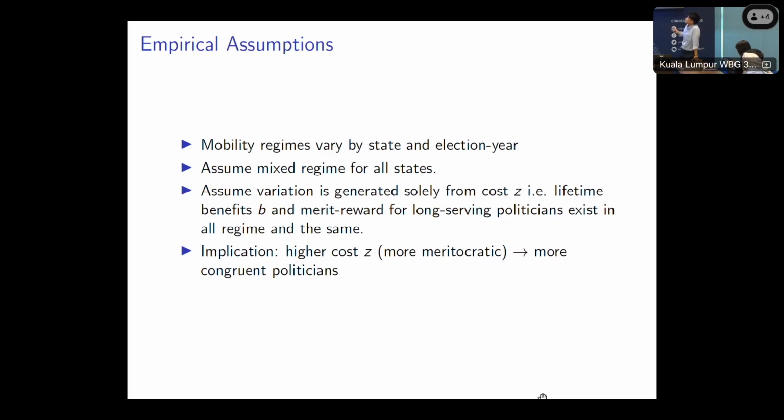We assume it's a mixed regime for all states. We assume the variation is generated solely from cost Z, and the lifetime benefit B and merit reward for long-serving politicians exist in all regimes and are the same. The implication is that if it's a higher cost, then it's more meritocratic. That means the pool of politicians in that year would be more congruent.